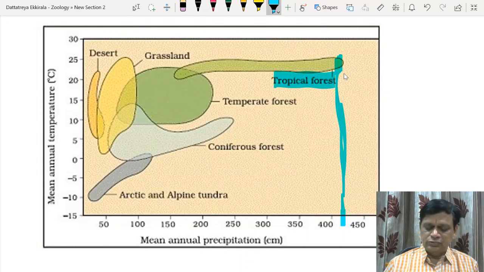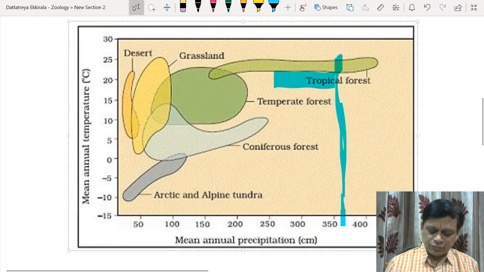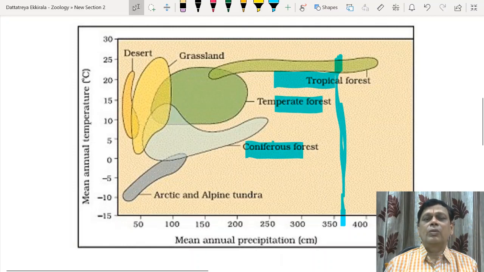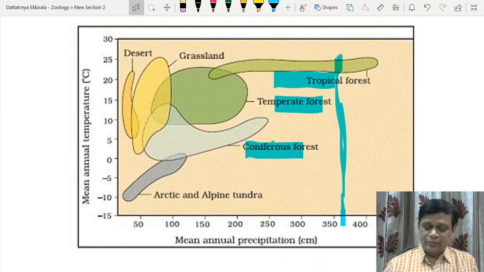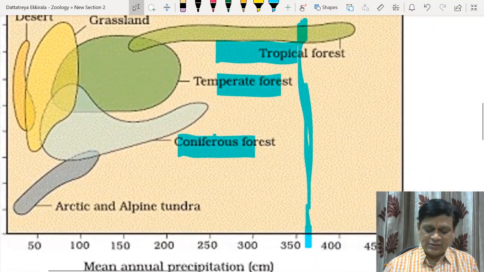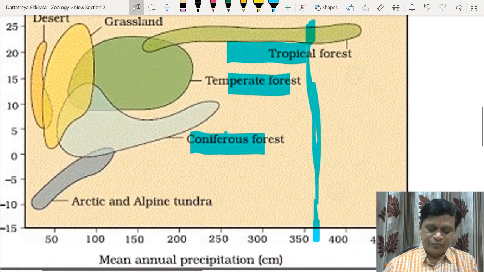And second, what is the next one in rainfall? Coniferous forest, as well as then comes temperate forest. We are talking about the major biomes. Highest rainfall, tropical rainforest. Second is coniferous. Then third one is temperate.